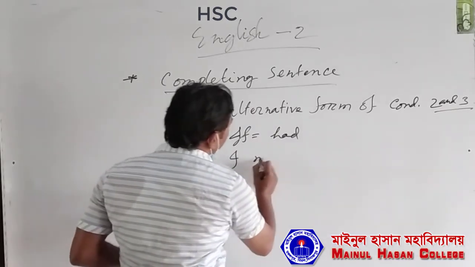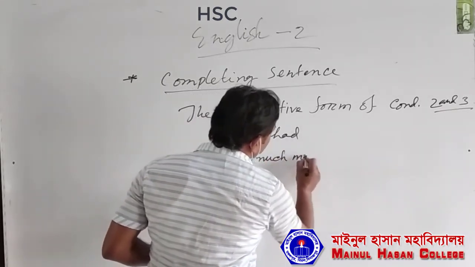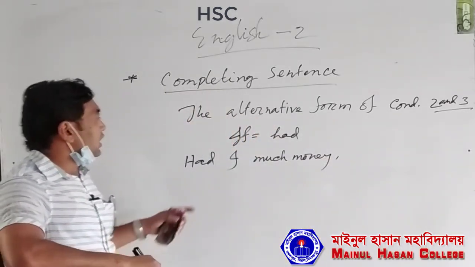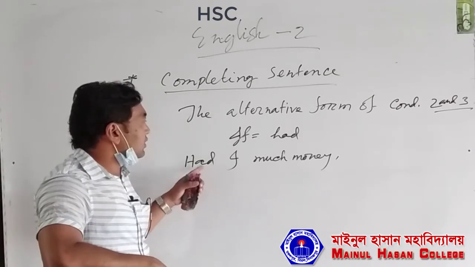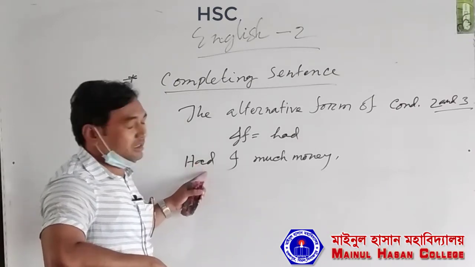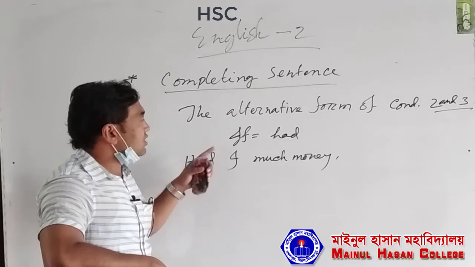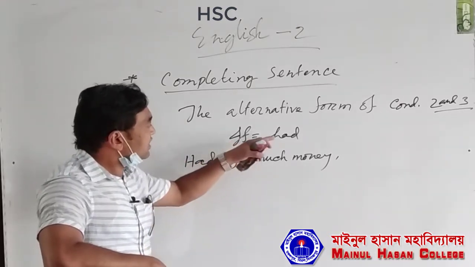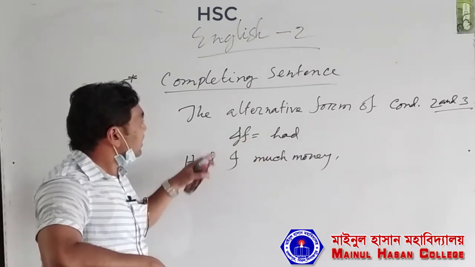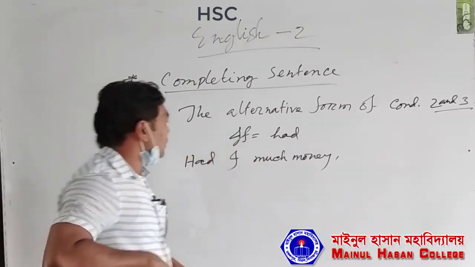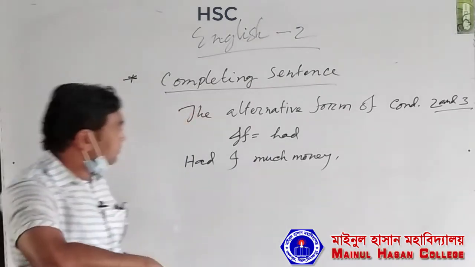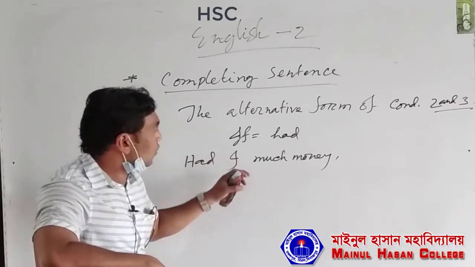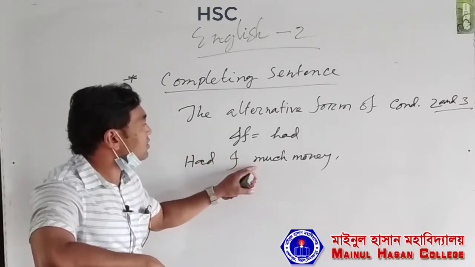Just look at: had I much money. Here if is unseen, just had takes the place of it, and this had is working as if and also as a main verb, because without had there is no main verb in this clause.